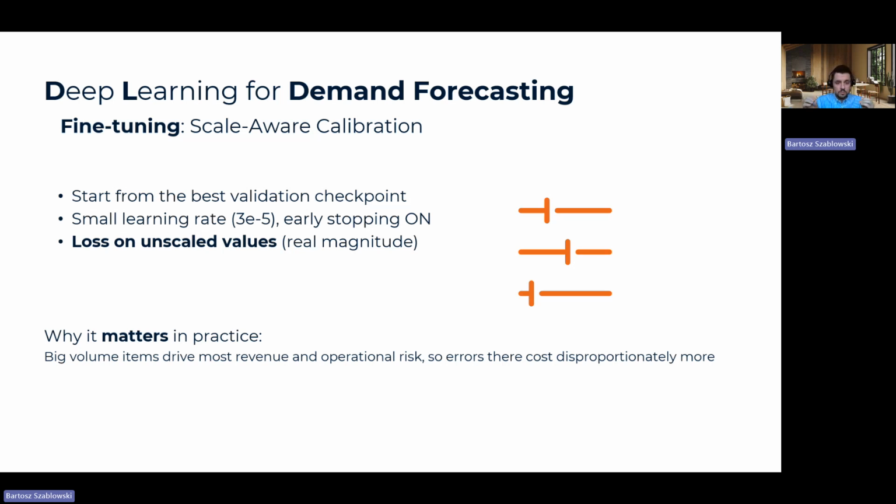Now I move to the fine-tuning. With a small learning rate, I continue the training, and the network output is still a scaled value. But right now, the loss function is based on the unscaled value. Why is it important? Because in business, an error on a high-volume product usually costs much more than the same relative error on a small time series.